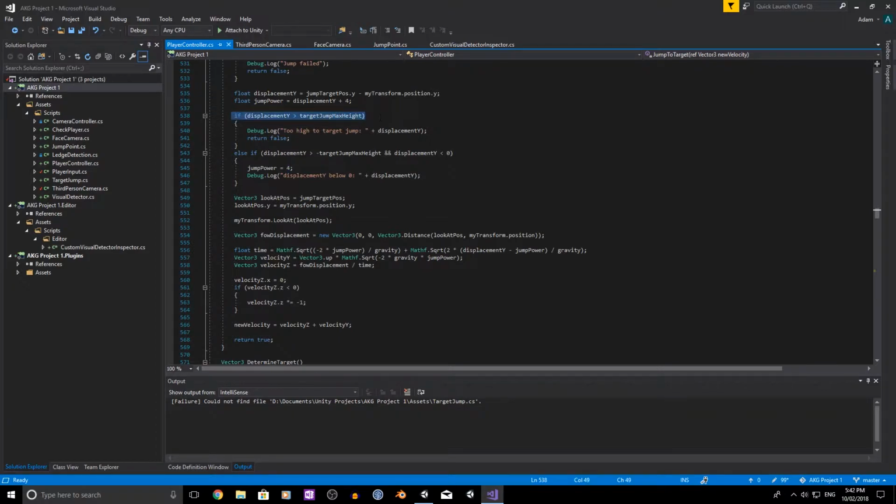So if the displacement becomes greater than this jump height, it is clearly too high. We shouldn't even be able to see that jump target. So I believe this shouldn't really ever be called, although I don't know if I have to check in for the height, but regardless. And if it becomes less than 0, our displacement must be between the negative jump height and 0.